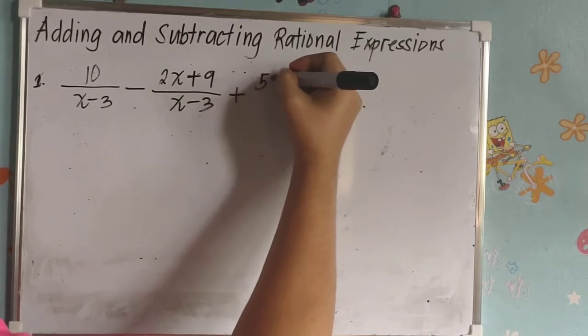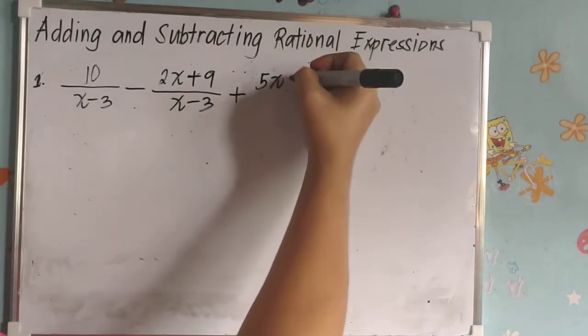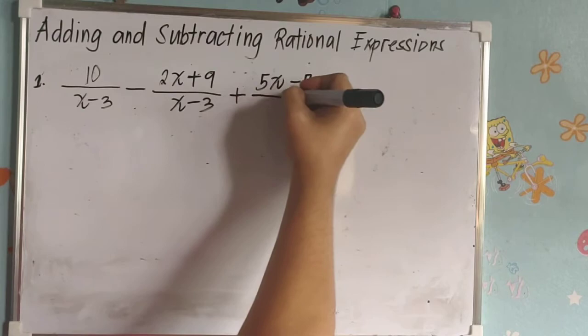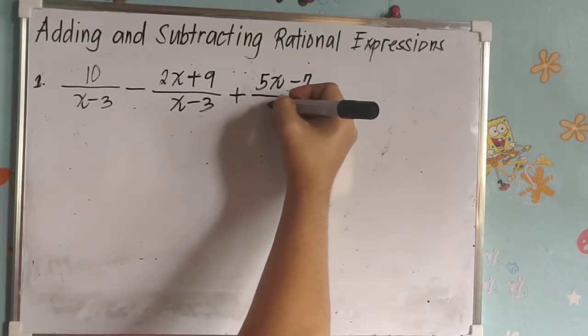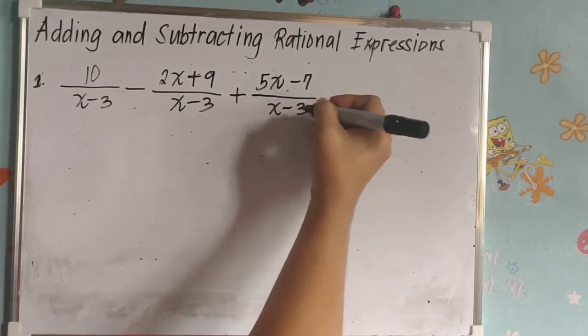And the third one, we have 5x minus 7 all over x minus 3.